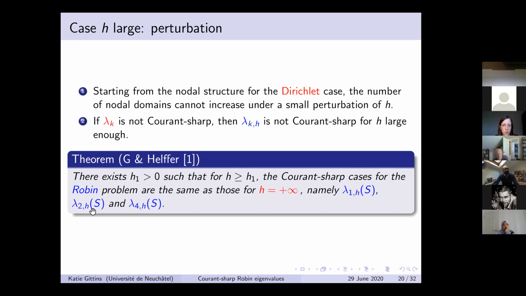I should mention that the proof of that proposition to do with perturbations is based on the Robin-Faber-Krahn inequality, so we really use there that h is positive, that the minimizer of lambda 1 in the Robin case with h positive is the disk. Okay, so that's what the situation looks like for large h.